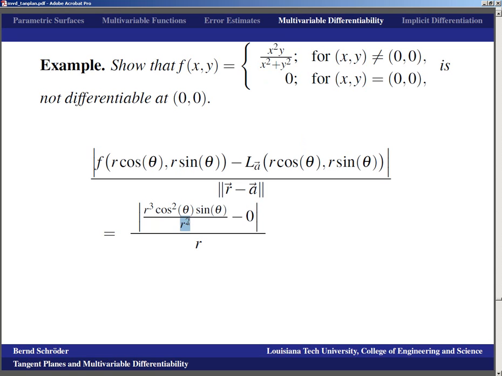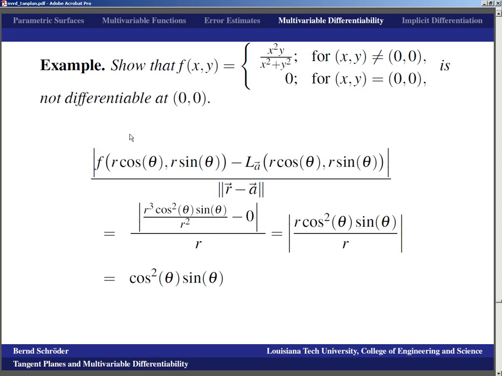Then we divide by the distance of the point r cosine theta, r sine theta from the origin, which is just r. As we simplify, we cancel the r squared, and we can cancel another r, and that is cosine squared theta sine theta.